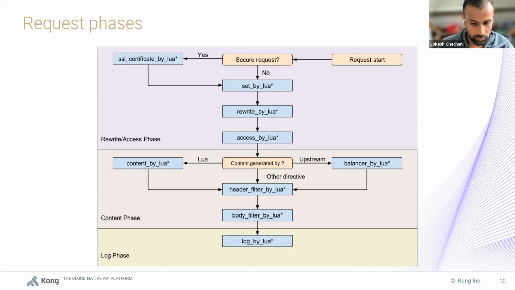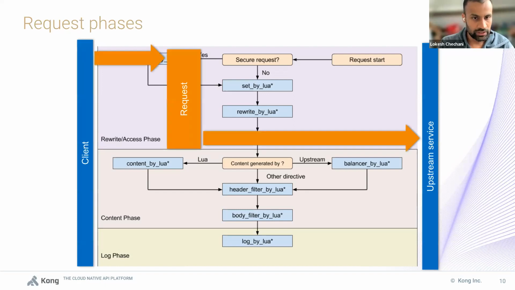Then we'll go into how the different phases are tied up with those different Nginx modules. As you can see here, these are the Nginx OpenResty modules. It's a bit technical from our side, but Kong provides a very abstract level on top of it.